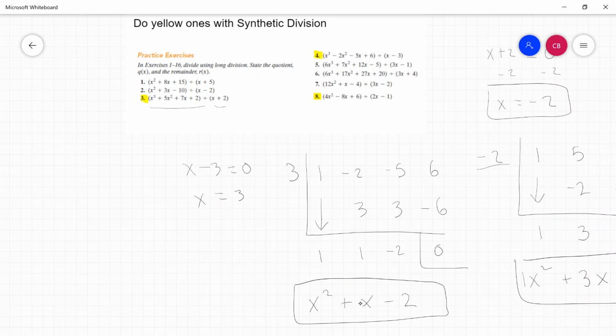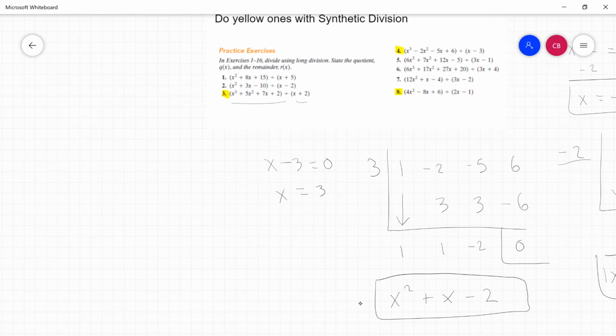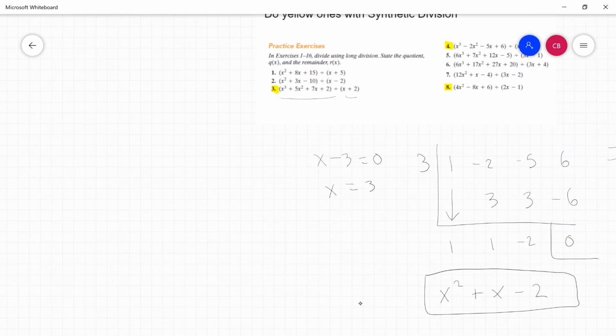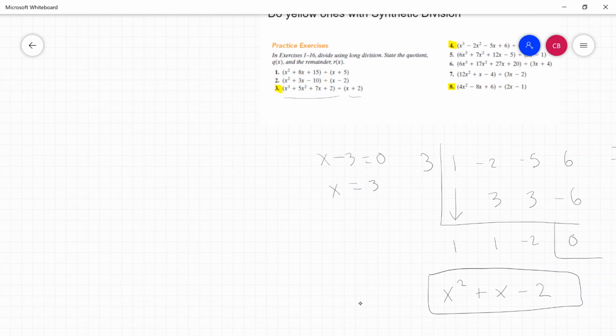Now to do number 8 with synthetic division, it's a little bit more tricky. I don't advise doing it when it's got powers like that, but I guess we can. I think the rule is you have to multiply it by 1/2 or something in this case.